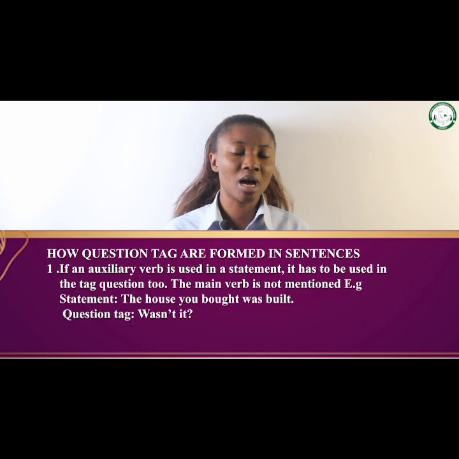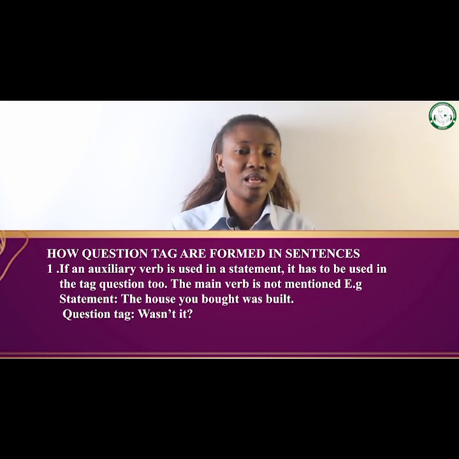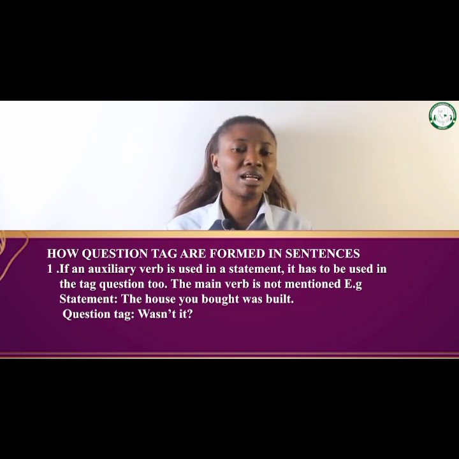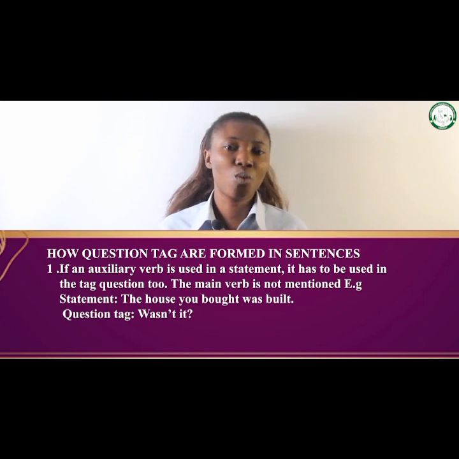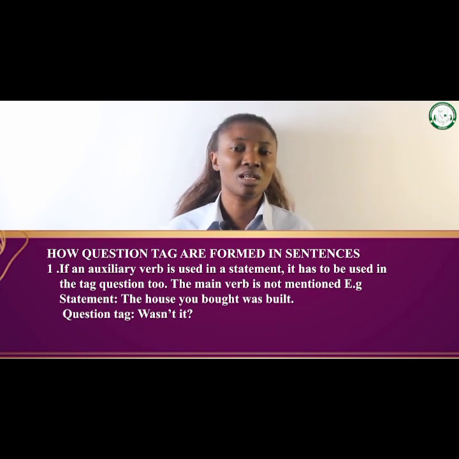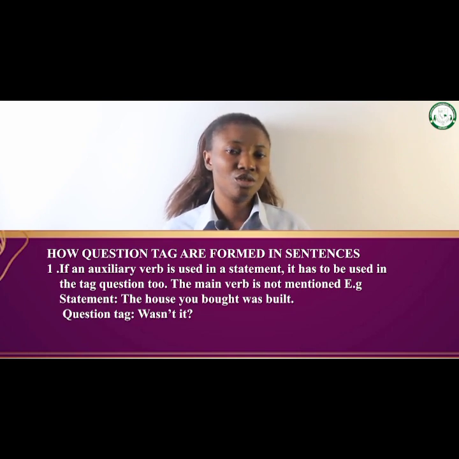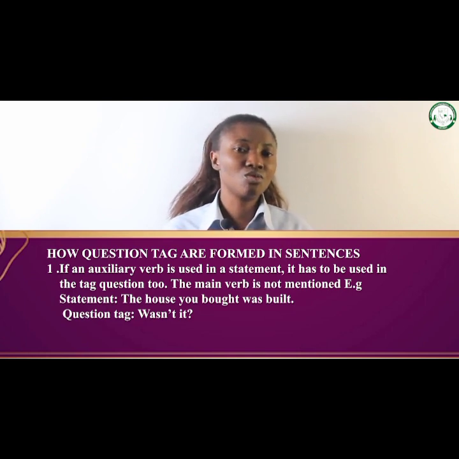If the two of them are used in a statement, the auxiliary verb must also appear in the question tag. Let me quickly remind you, verb to be, such as is, are, am, were, was, and so on and so forth. Verb to do, such as does, do, and did. Then we have verb to have, such as has, have, and had.